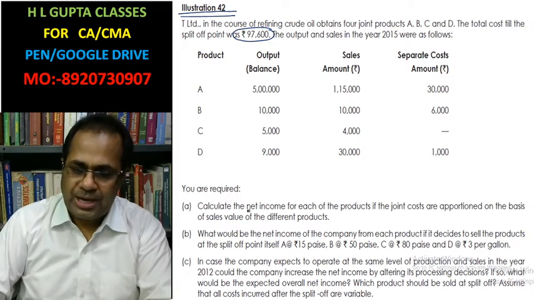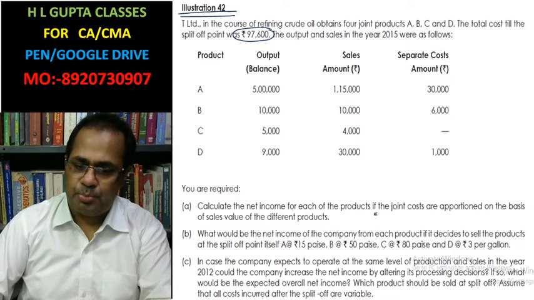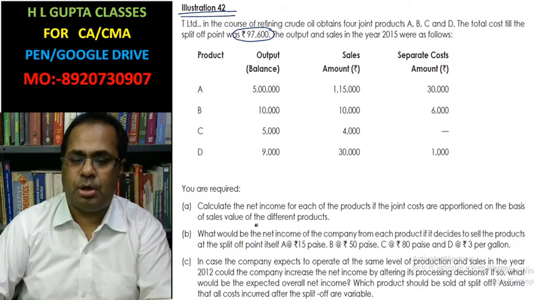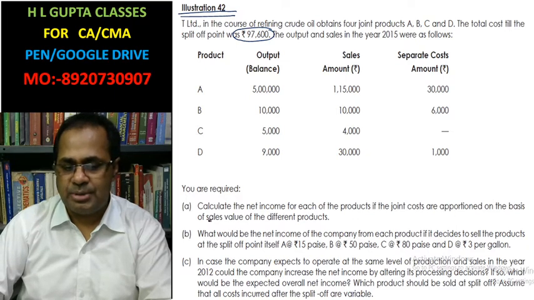Calculate the net income for each of the products if joint costs are apportioned on the basis of the sales value of the different products. Sales value at what point?